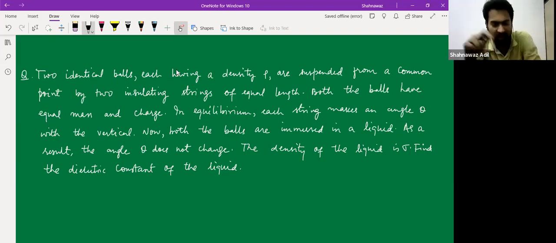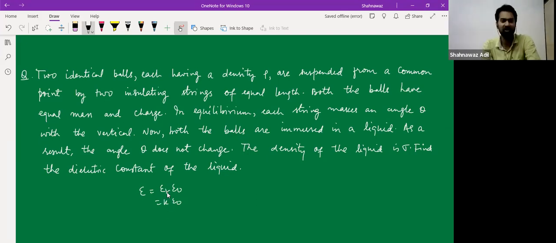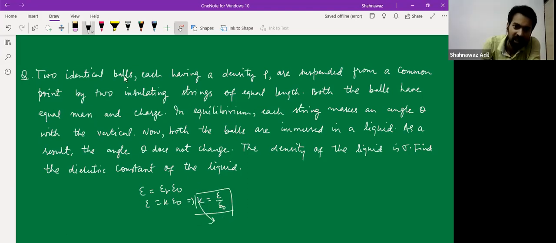So your dielectric constant K is epsilon over epsilon naught, which you can also call the relative permittivity. We have to find this K with respect to this question, not as epsilon by epsilon naught. We have to find K as a function of all the quantities that are mentioned, right?